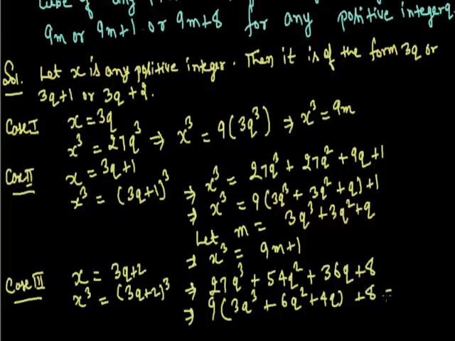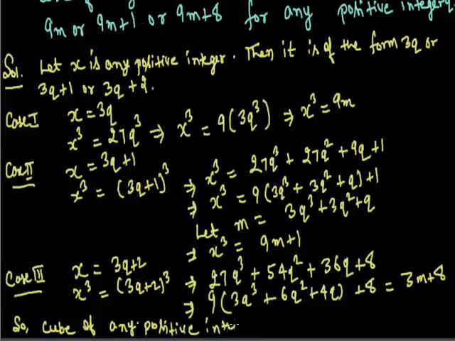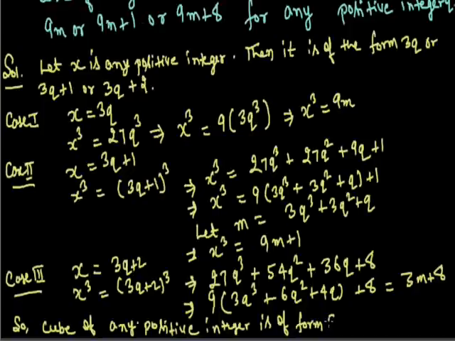Again let m equal to 3q cube plus 6q square plus 4q. So this will be equal to 9m plus 8. Therefore, the cube of any positive integer is of the form 9m, 9m plus 1 or 9m plus 8.